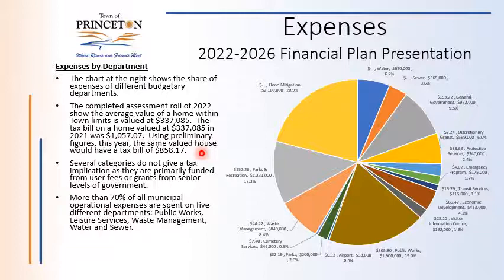So using current estimated tax numbers, that $337,000 home would have $1,057.07 of tax in 2021. Using the same figures this year, that tax bill would be $858.17, which you might scratch your head at and think, how is that possible that taxes go down $150 on a house over last year? The reason is that the value has increased, so the section of pie that has to be devoted to each individual house has diminished.